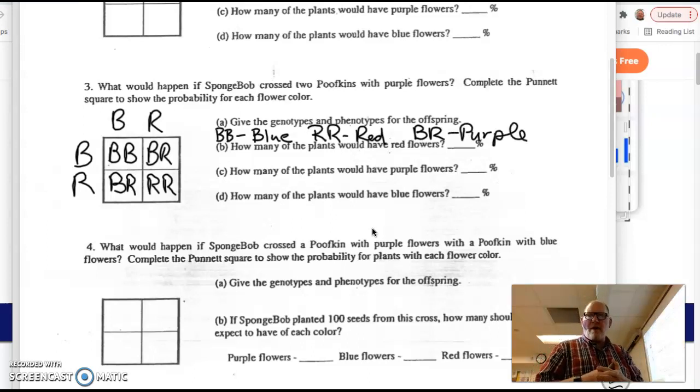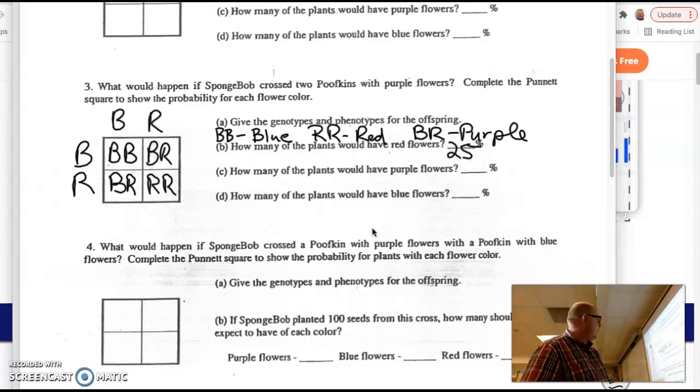Part B, how many plants would have red flowers? Well, red flowers are big R and big R. And so what percentage of that would be? That would be 25%. Okay? How many plants would have purple flowers?